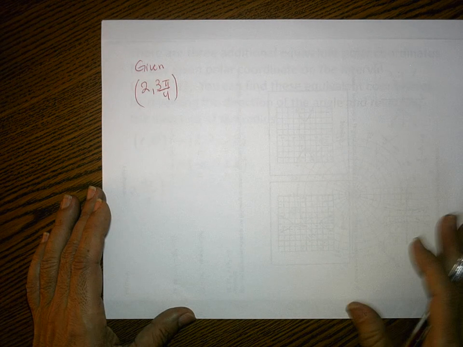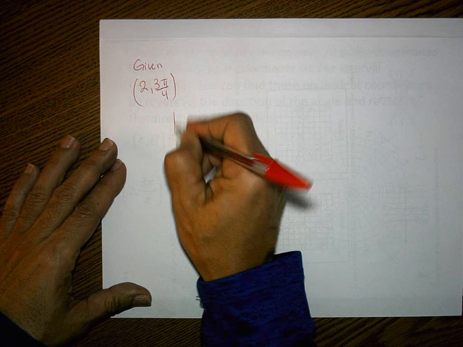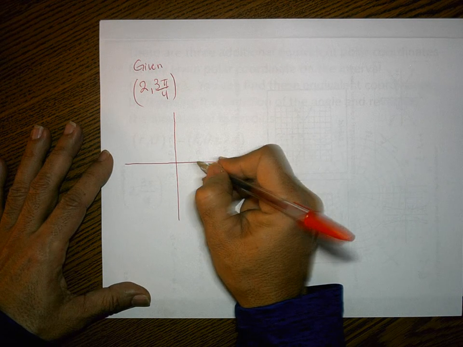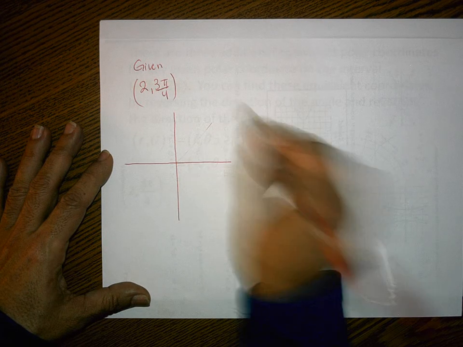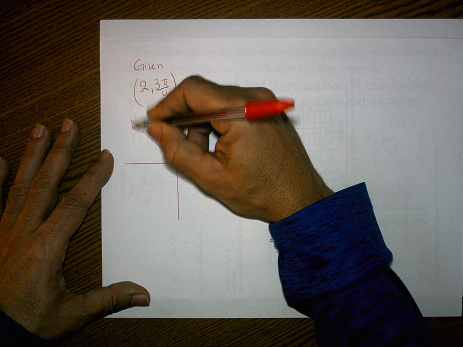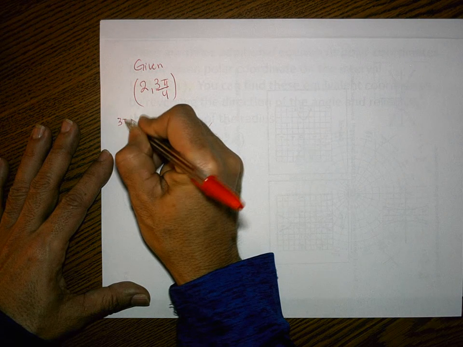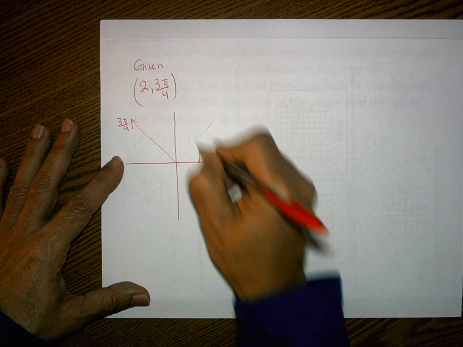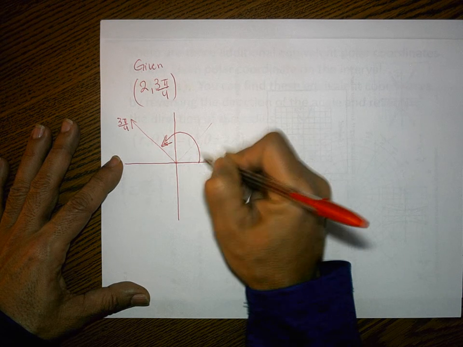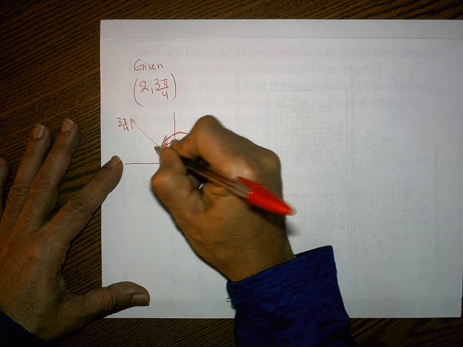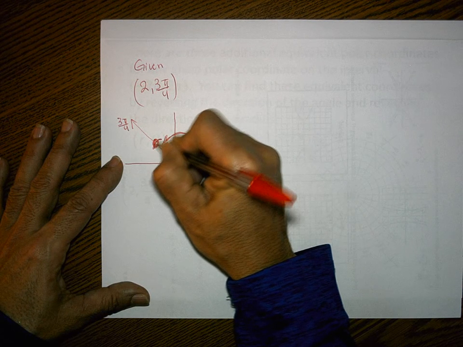Let's go ahead and do the original, the given. 3/4 of a pi is, here's 1/4, very lightly with a pencil. Here's 3/4. Let me label 3/4. Let me arrive at 3/4. There we go. And let me count the radius of 2. 1, 2. There's point P.